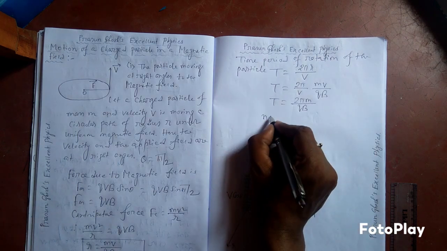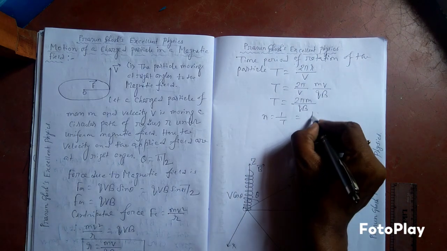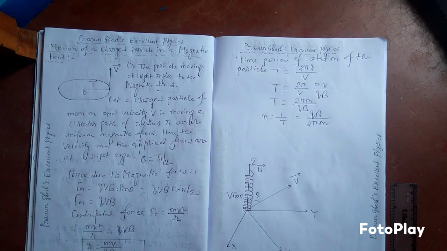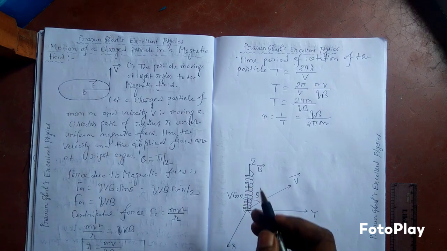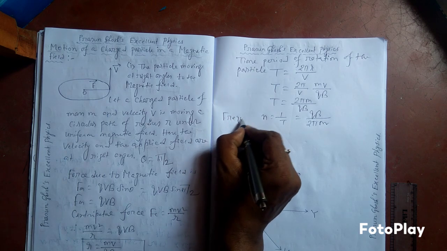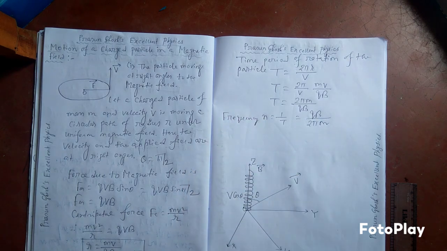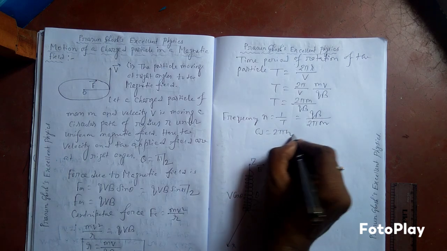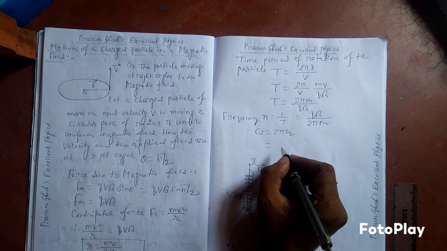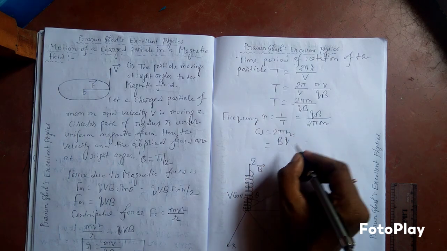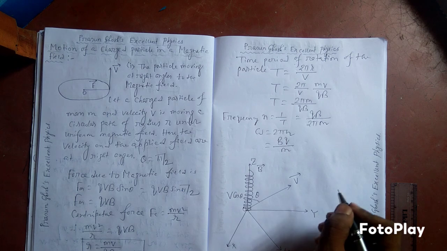So n equal to 1 by T, that is qB by 2 pi m. So this is the frequency n. Omega, that is 2 pi n, so that is Bq by m.